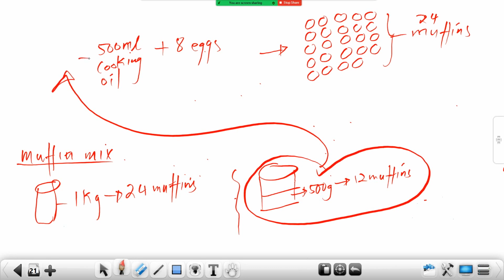Then I put it here as an extra reactant: 500 grams of muffin mix plus 500 ml of cooking oil plus 8 eggs. Will I get the 24 muffins using the 500 grams of the muffin mix? Will I get the 24 muffins, guys?